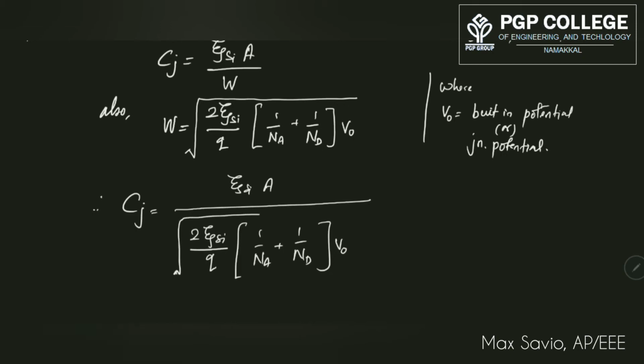In the common cases, we can cancel the epsilon Si, leaving root epsilon Si. And when I rewrite this equation, we can write it as A into the root of q epsilon Si divided by 2 into Na Nd divided by Na plus Nd into V naught.